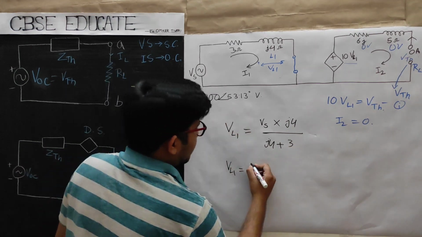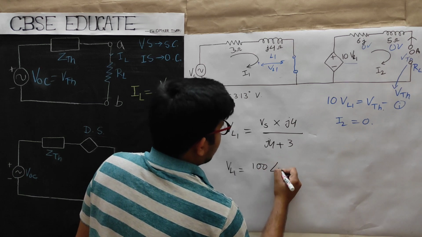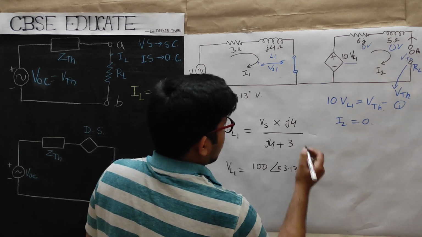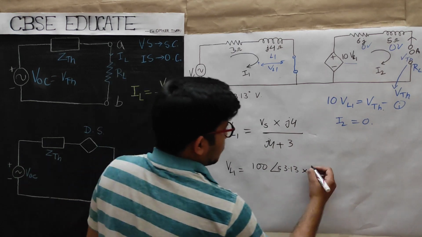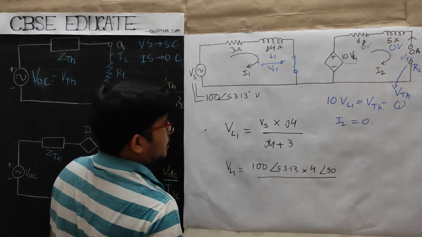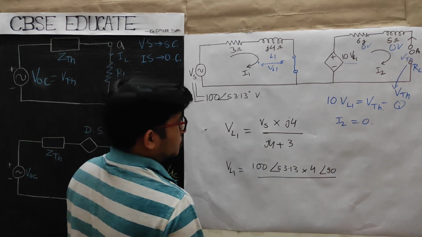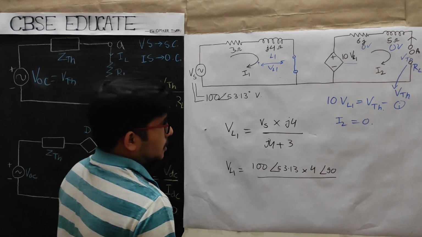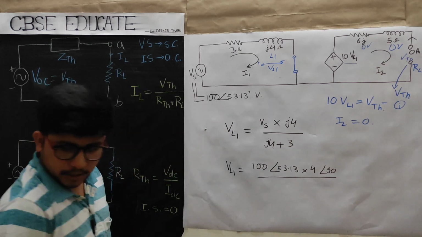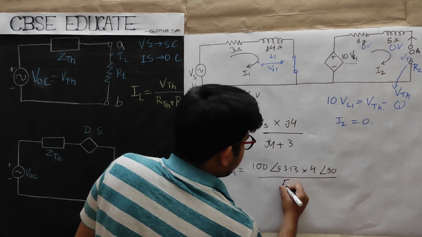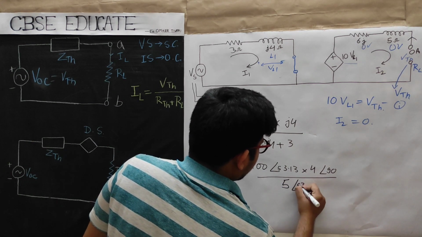So VL1 is equal to Vs, which is given as 100 angle 53.13, times J4. J4 can be written as 4 angle 90, divided by 4J plus 3. Converting 4J plus 3 to polar form, you will get 5 angle 53.13.